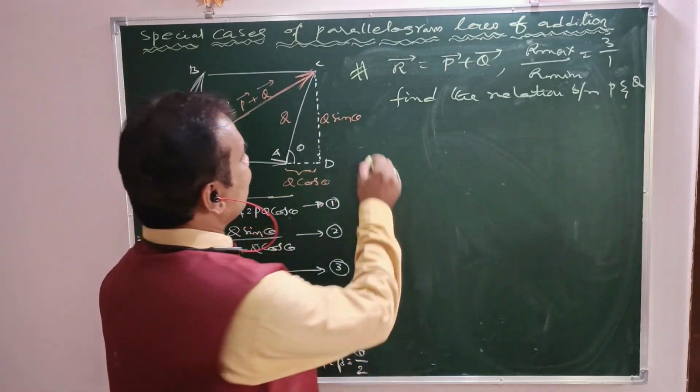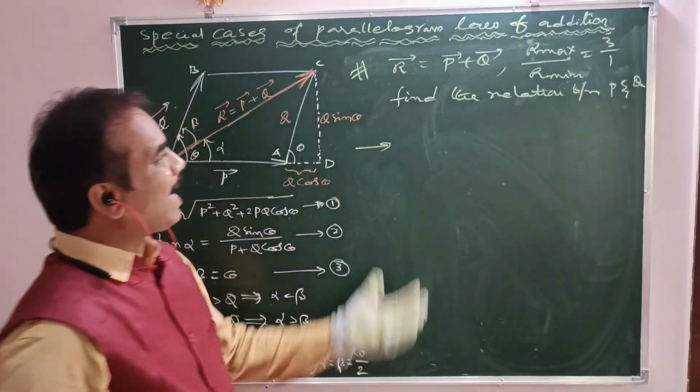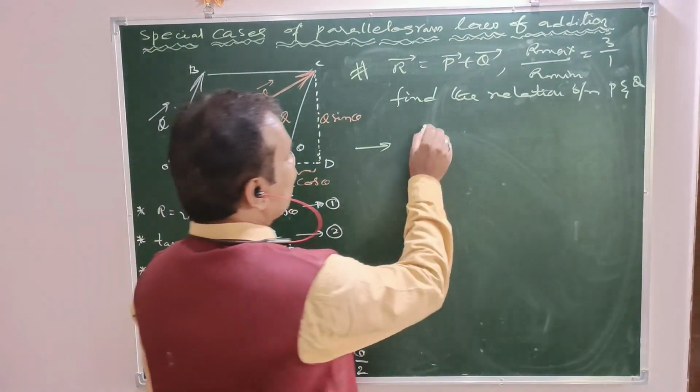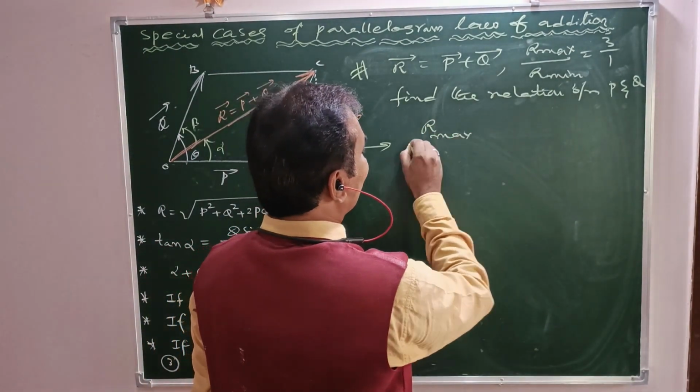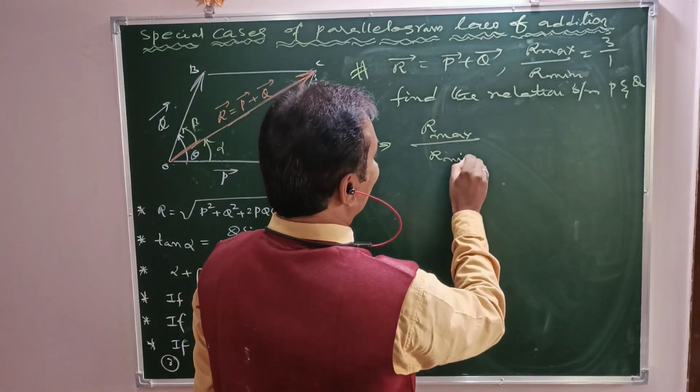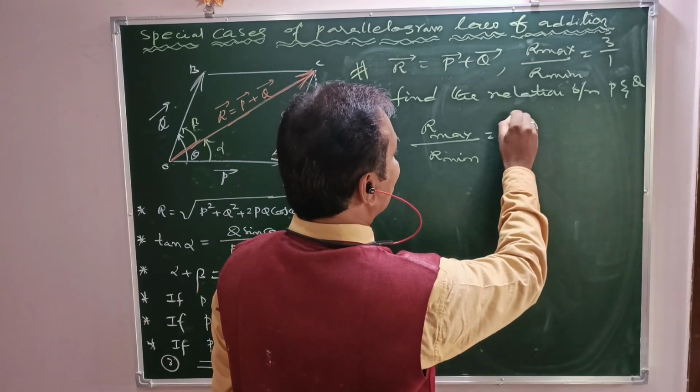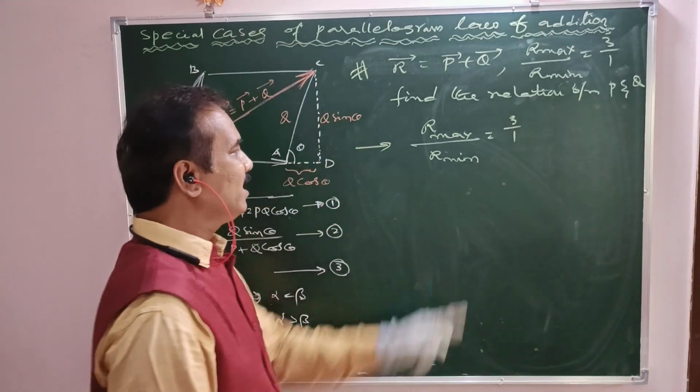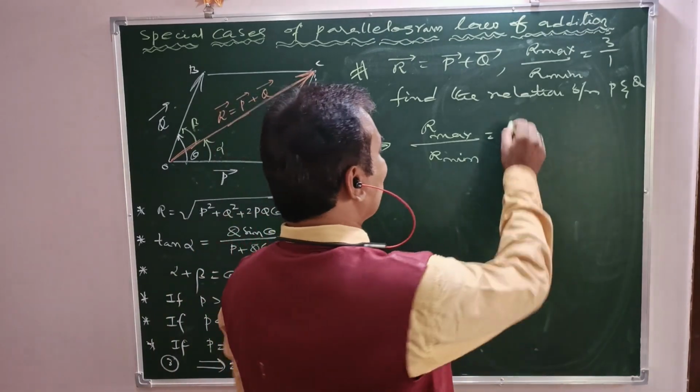Now see how to solve this sum. R max by R minimum is equal to 3 by 1. What is R max for P bar and Q bar?